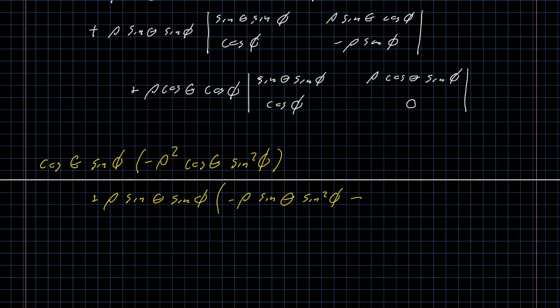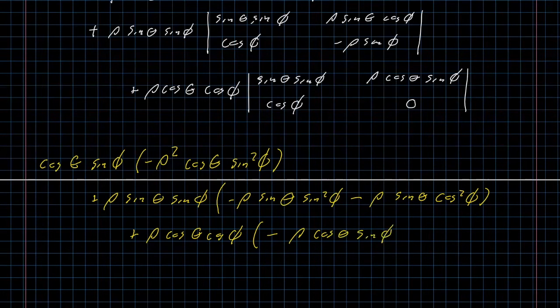And then minus cosine phi times rho sine theta cosine phi is minus rho sine theta cosine squared phi. And in our third row, we have rho cosine theta cosine phi times 0 minus rho cosine theta sine phi cosine phi. That's a little bit of a mess, but so we have it.